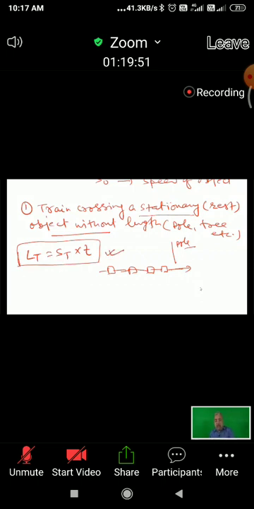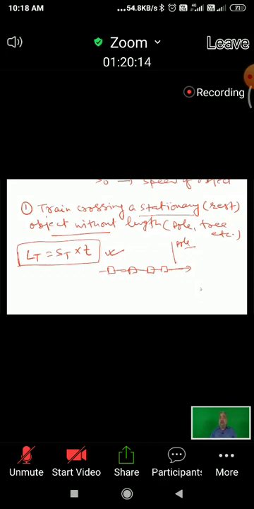In this possibility, this relation will be maintained, that is length of train equal to speed of train into time taken, because while the train is crossing this pole, it is crossing its own length. So I have written here length of train, that is the distance traveled by the train, equal to speed of train into time taken.